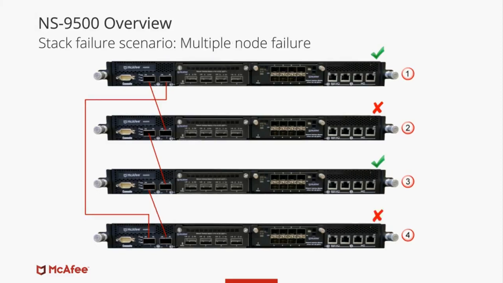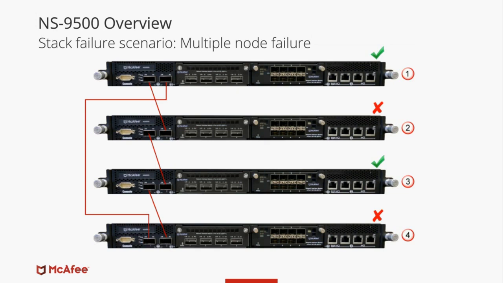In the scenario where multiple nodes have failed, depending on which nodes fail, it's possible that nodes in the stack could be isolated from each other. In this scenario, in a 4-stack setup, nodes 2 and 4 have failed and stopped responding.